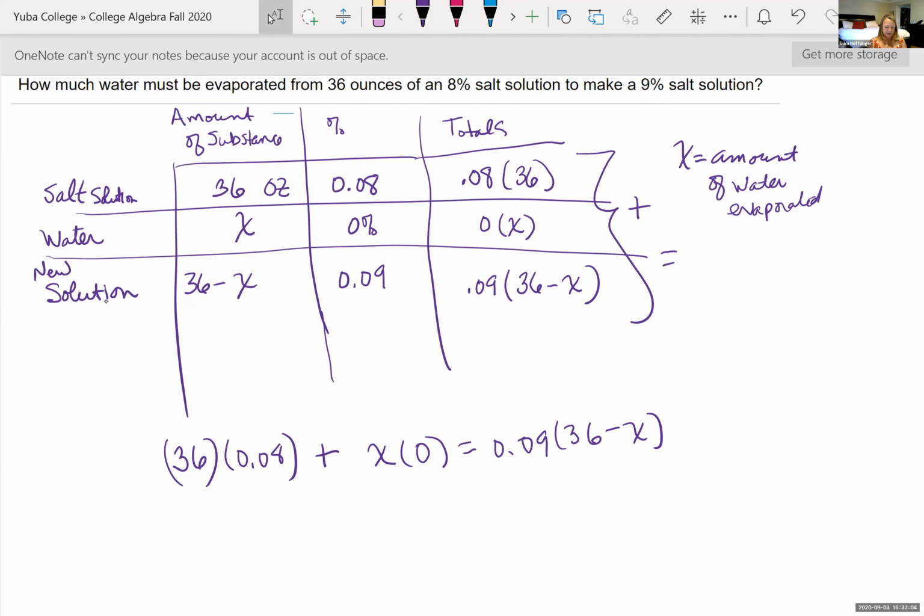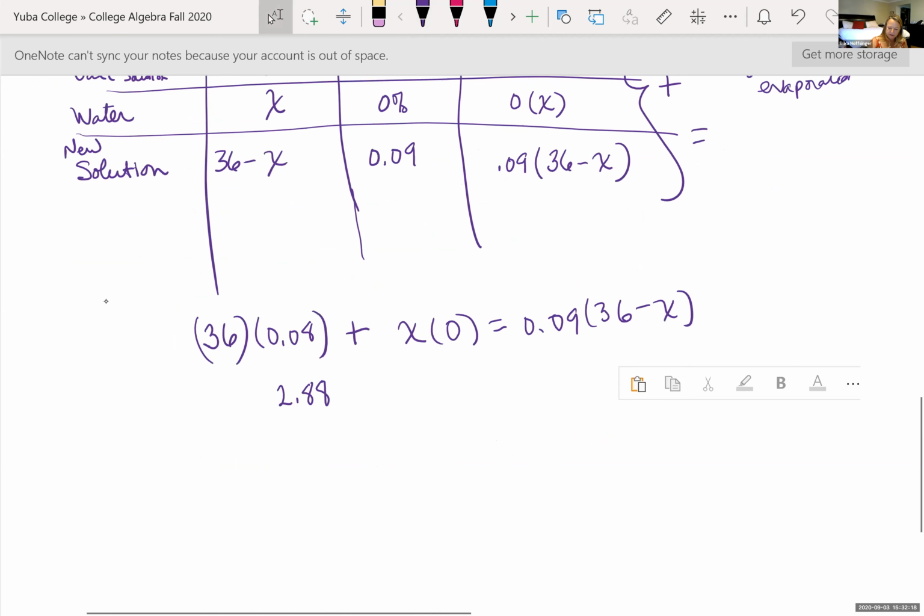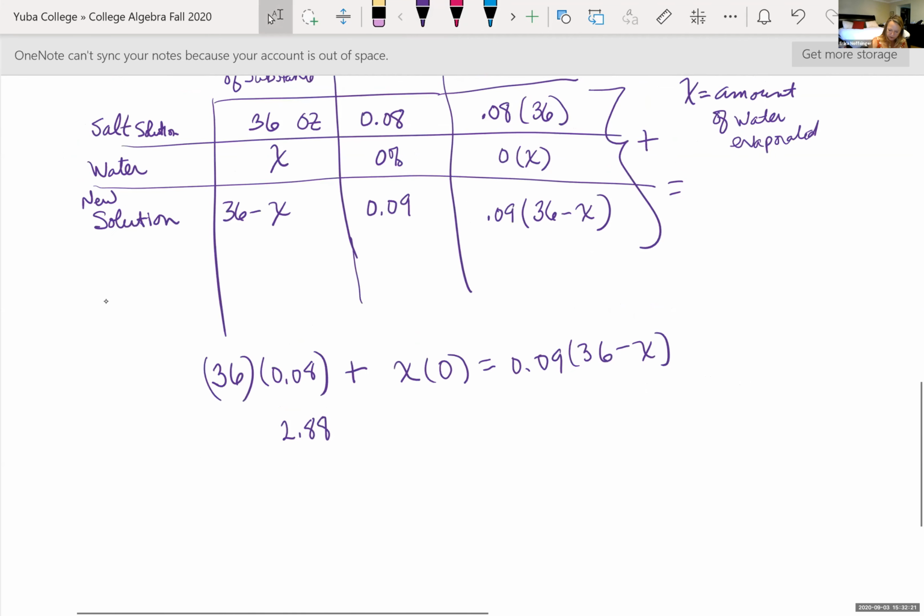Okay, so 36 times 0.08, that's 2.88. 0 times anything is 0. So let's distribute this. 0.09 times 36 gives us 3.24, and then 0.09 times X, so this is negative 0.09X.